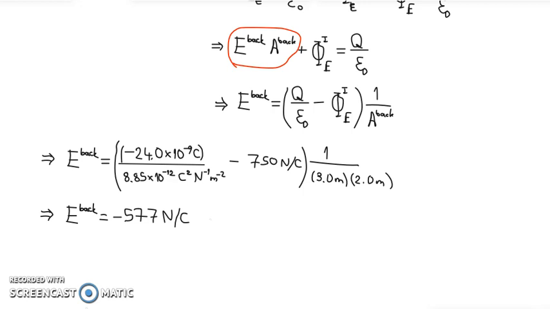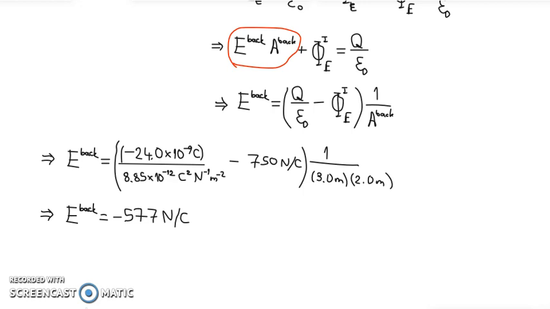Now part D is asking, is the overall electric field that we have determined, the existing electric field in this problem, due to the enclosed charge only, or is it a combination of the enclosed charge and some external charges? And the answer is this electric field is due to the combination of the enclosed charge within the box plus some external charges that we don't see in the picture. And how do we know that?